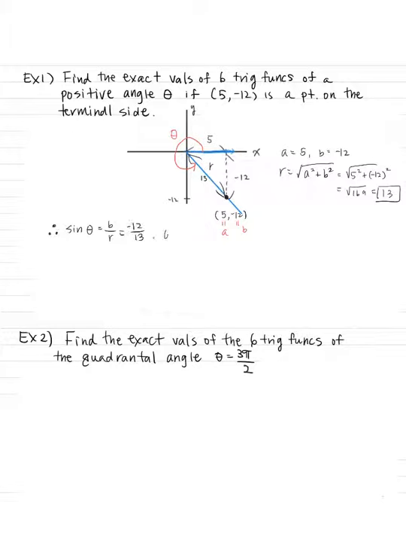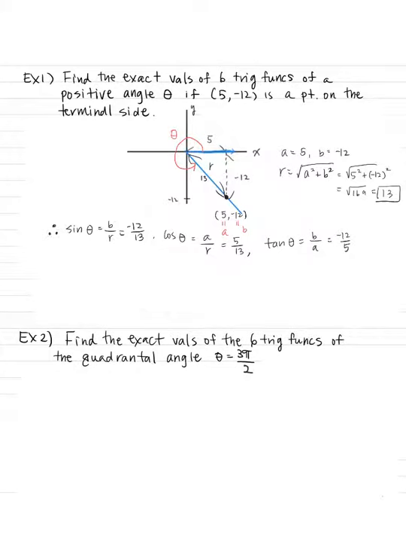Cosine of theta is A over R, which is 5 over 13. And then tangent is sine over cosine. So you don't really have to memorize in terms of A's and B's as long as you found out what the sine and cosine is. But let me just write everything out. It's B over A, which is negative 12 over 5.